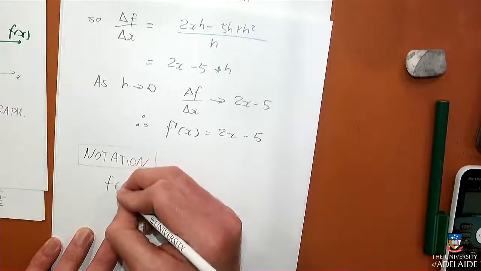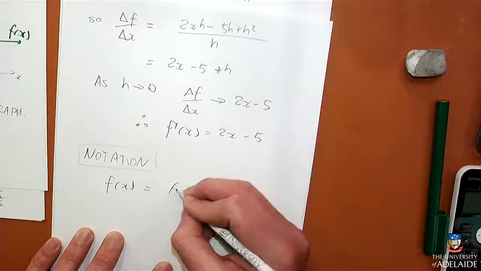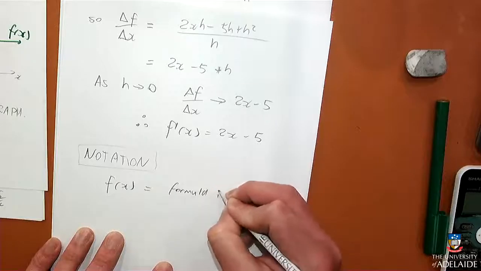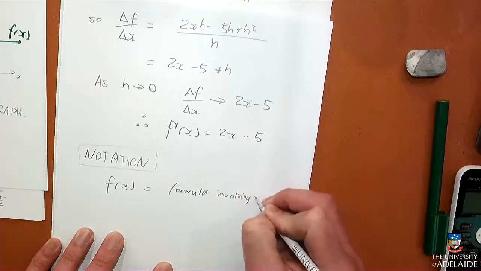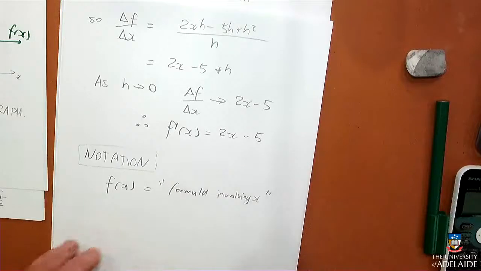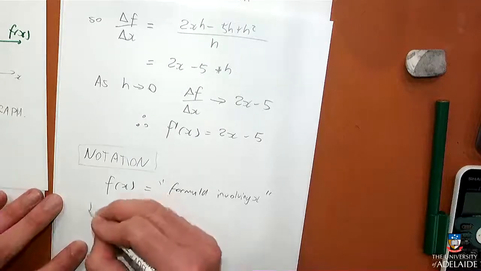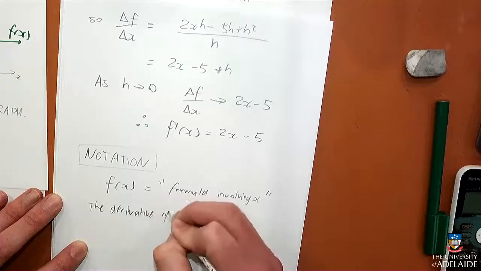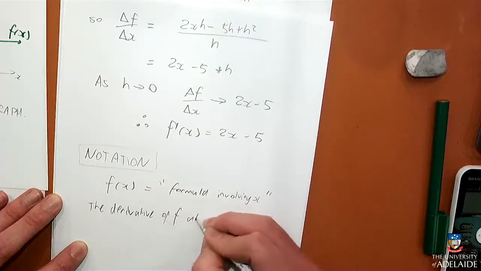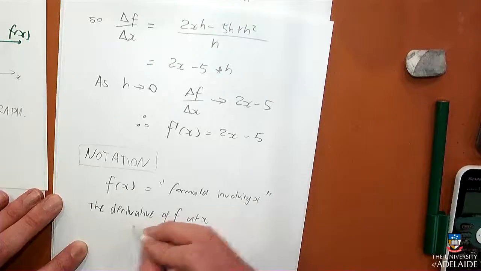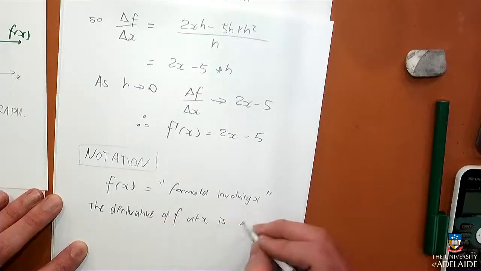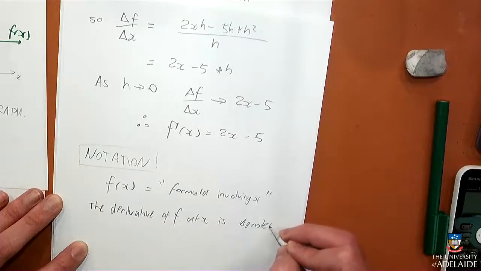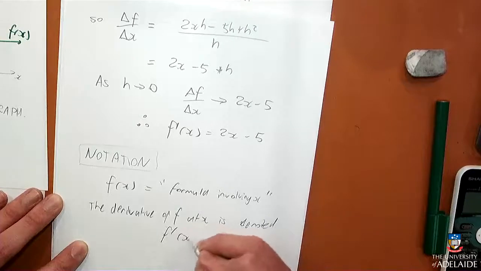So if you have a function f of x equals, formula involving x, then the derivative of f at x is denoted f dashed x.